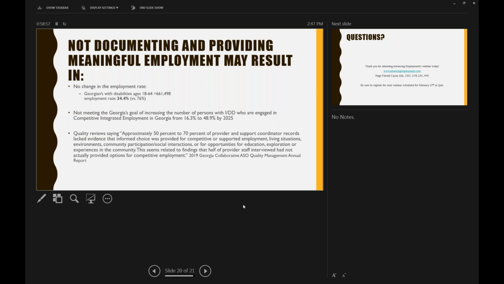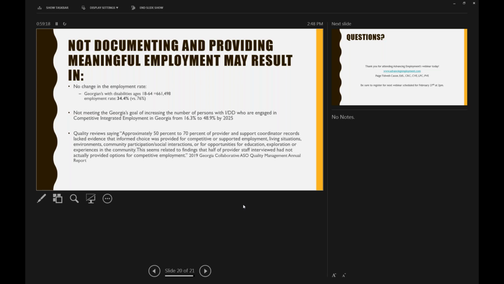That's a huge jump. But we will not be able to achieve this goal if we do not start understanding what truly informed choice is, giving people options in a way that they can meaningfully make those informed decisions.